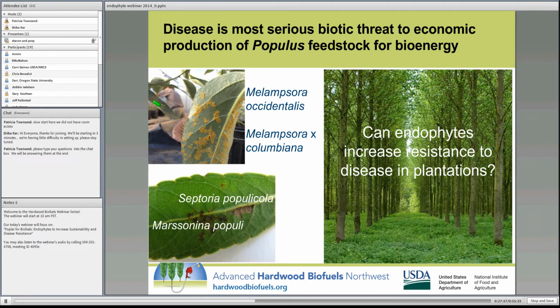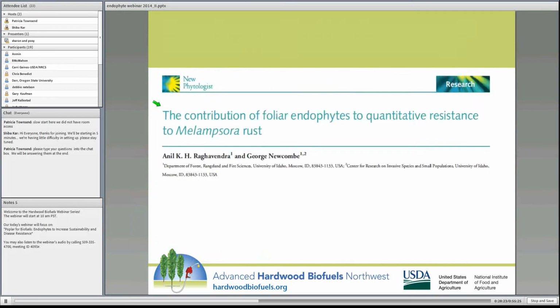So quickly, I can give an example: there are fungal leaf endophytes in poplar plants that are antagonistic specifically by mycoparasitizing rust. And so if we can harness these mycoparasites of pathogens, we can potentially increase disease resistance in plantations in ways that complement traditional methods of breeding for genetic resistance.